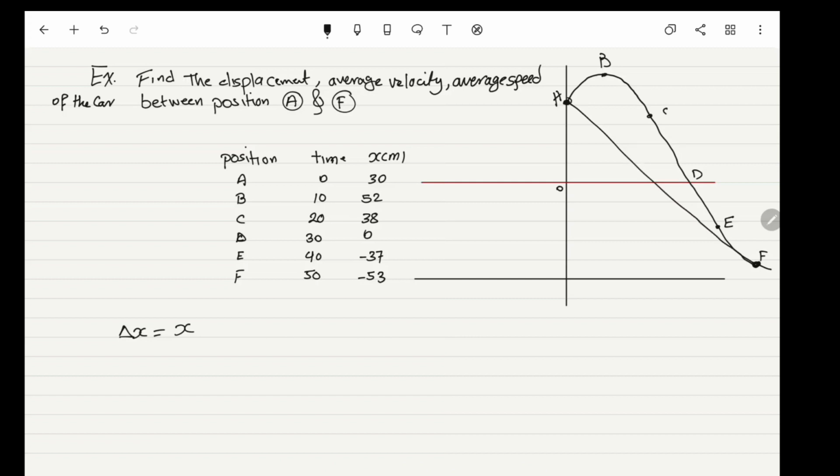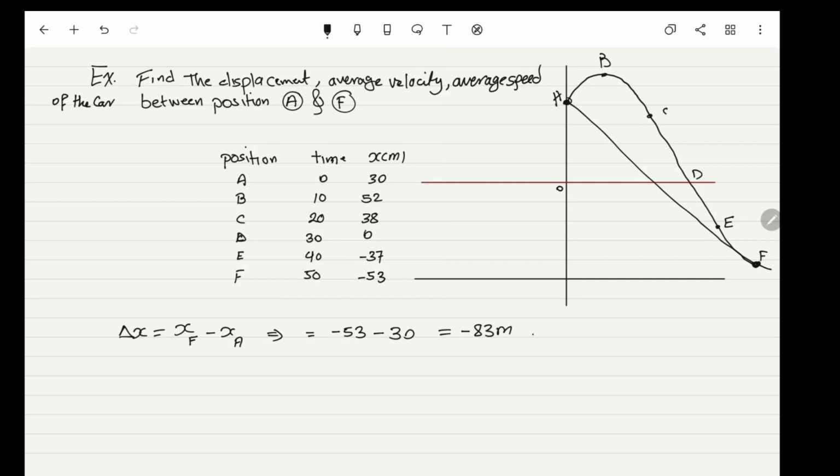The displacement equals xf minus xa. In this case, xf is the position of the car at F, which equals minus 53, and the position at A equals 30. In this case, the displacement equals minus 83 meters.